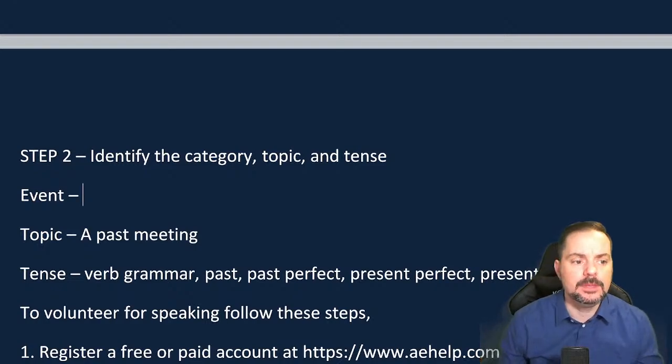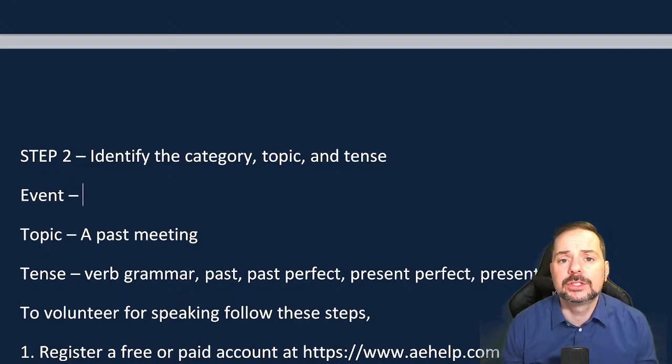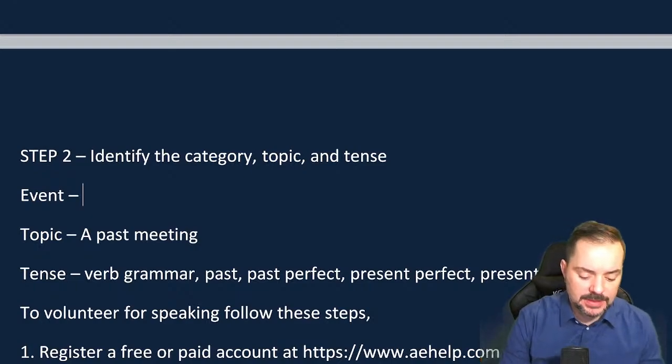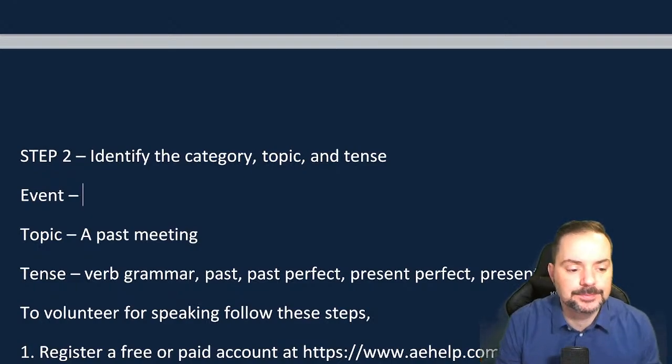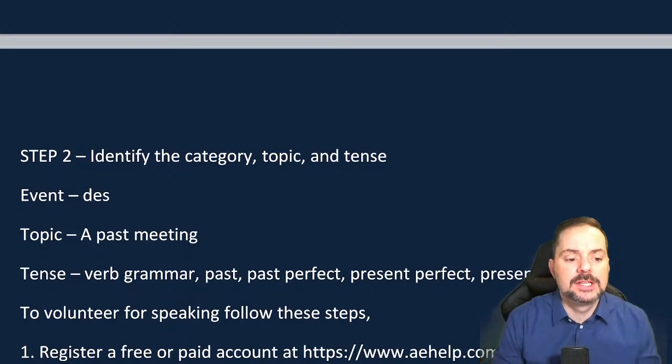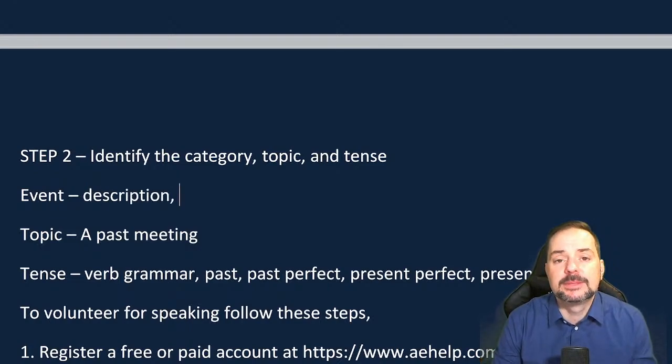Absolutely. And when we talk about an event, first of all, we want to talk about the event, so its description, what it is. It's a meeting. Its location, its time.